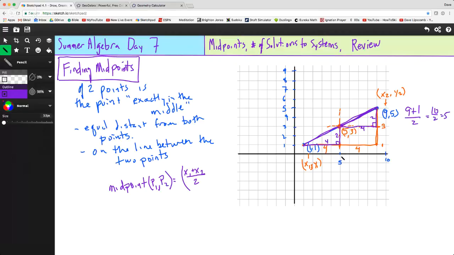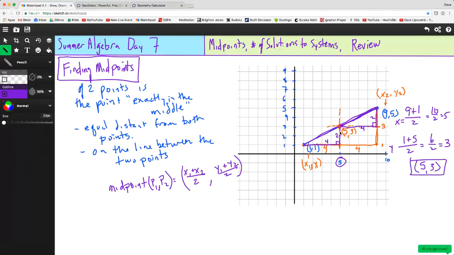That's how you find your average. That's how you find the midpoint. And then the same thing for y: y1 plus y2 over 2. You're taking the average of your y coordinates, which is 1 plus 5 over 2, which is equal to 6 over 2, which is equal to 3. So that's our y, and that's our x. So we get 5, 3.